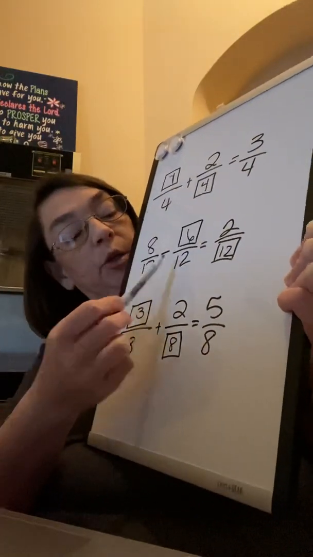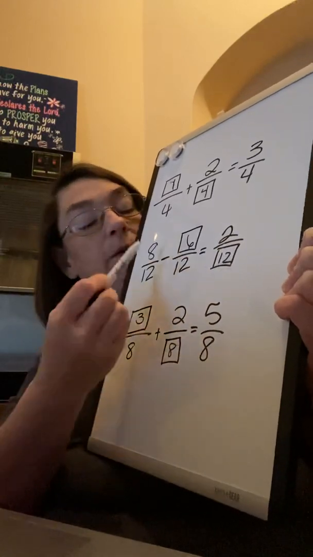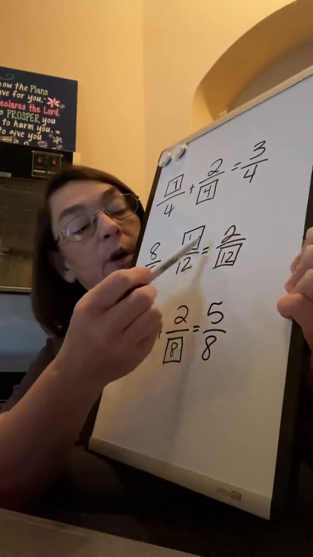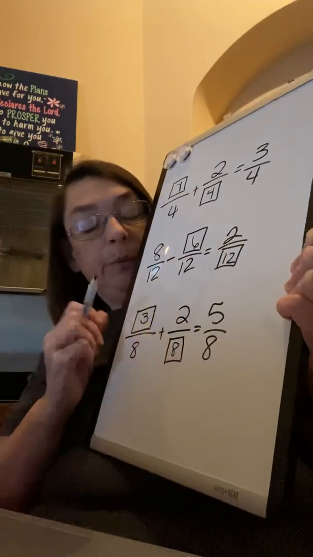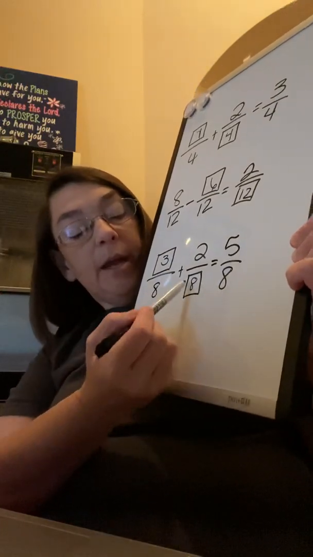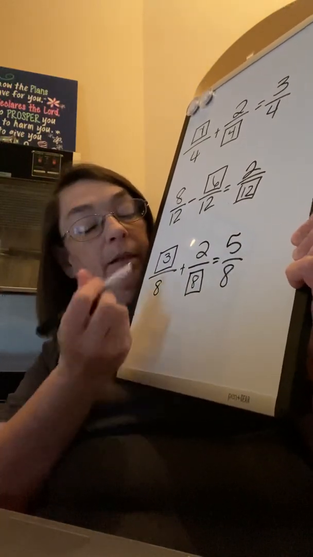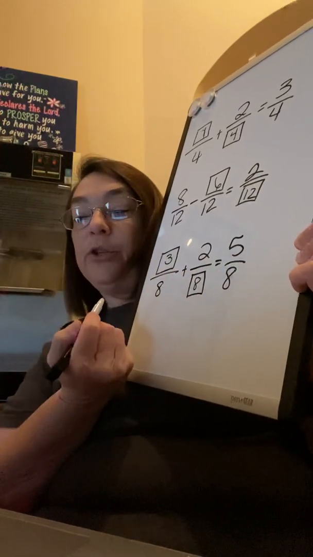Moving to B, 12s are on the bottom, so I know this bottom is going to be 12. 8 minus what number equals 2? 8 minus 6 equals 2. And then the last one, I know that the bottoms are 8, so this one's going to be 8. 2 plus what number gives me 5? That answer is 3.